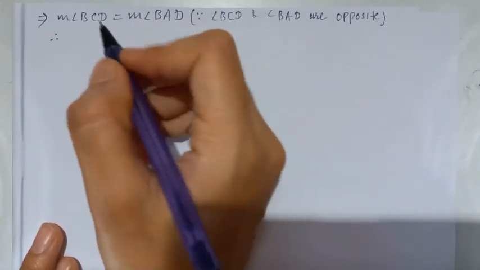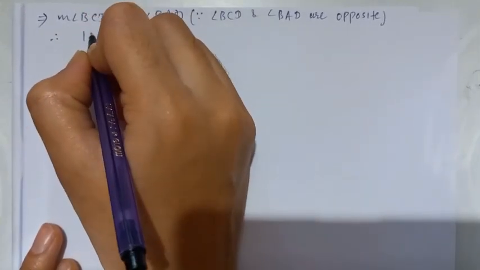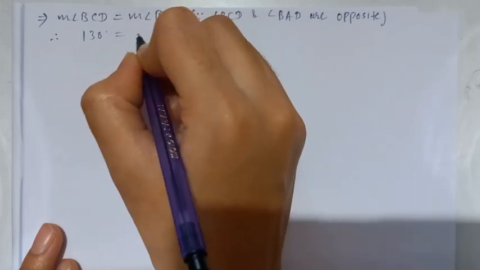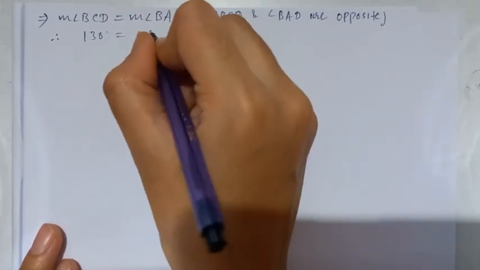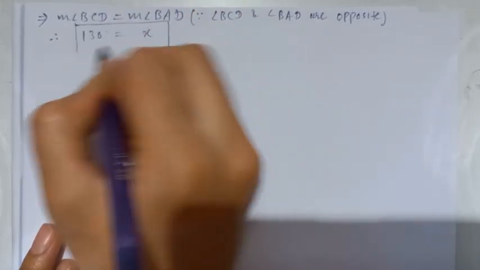So BCD is 130 degree, and it is given as x, so x is equal to 130 degree.